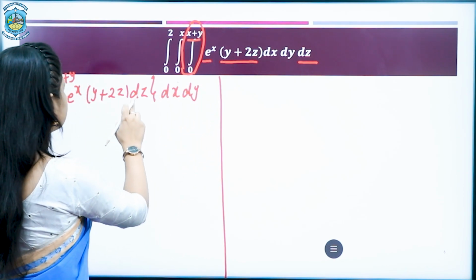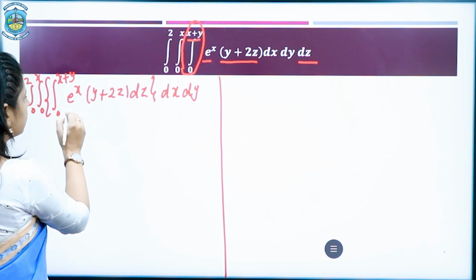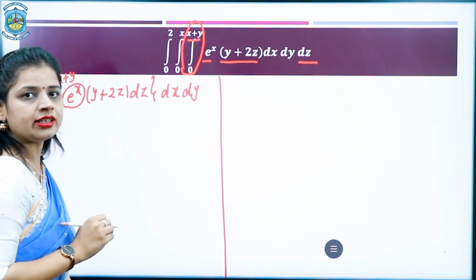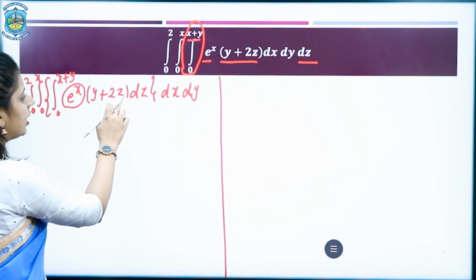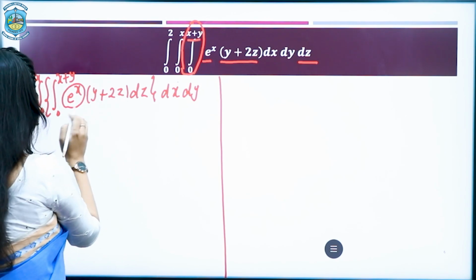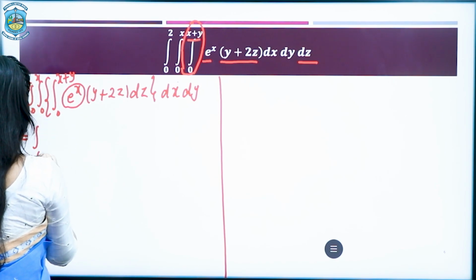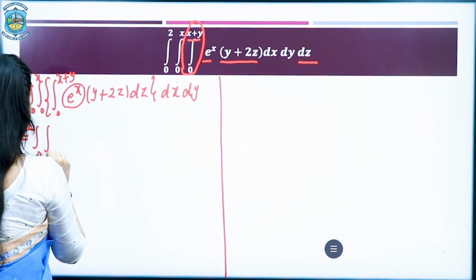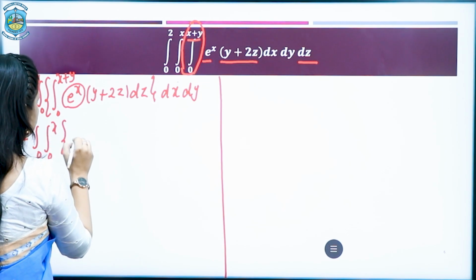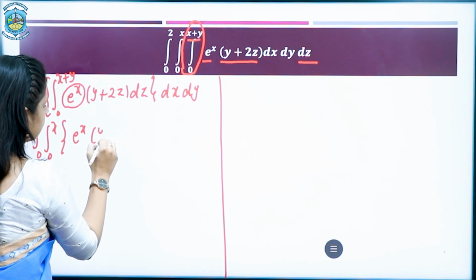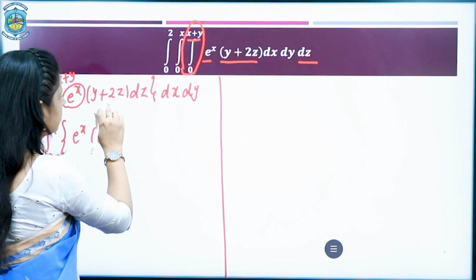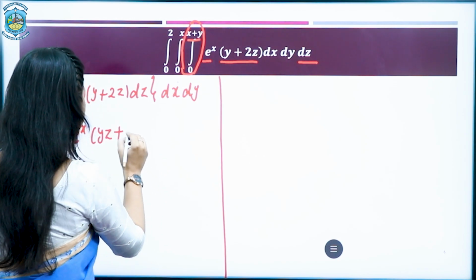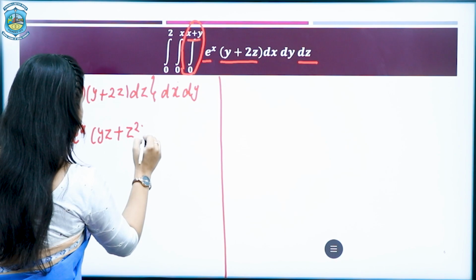When we integrate with respect to z, this exponential function will act like a constant. This y is also a constant, and the integration of z is z square by 2. So this would be 0 to 2, 0 to x, e to the power x, y is constant. So the integration is yz plus 2z square by 2, that is z square.